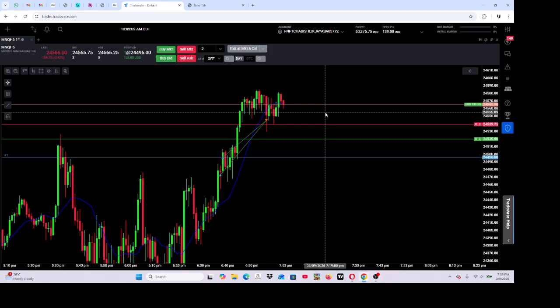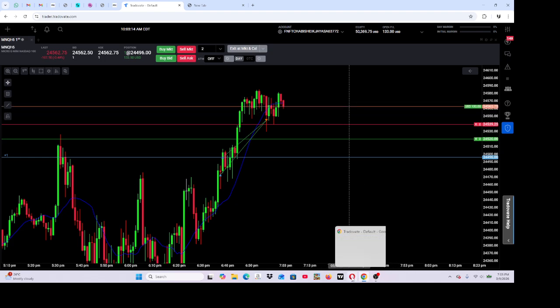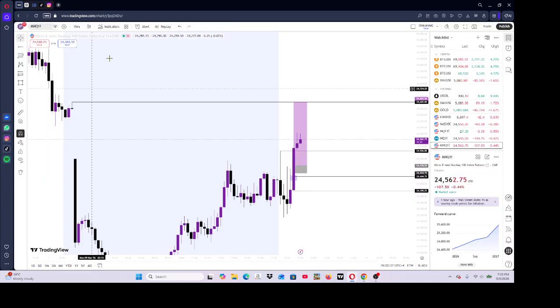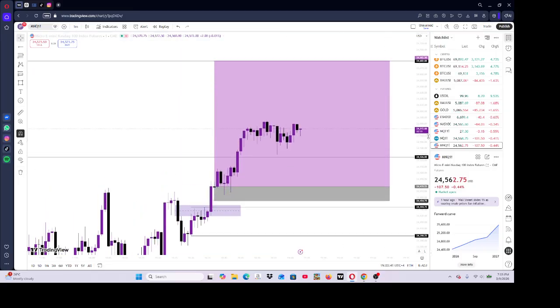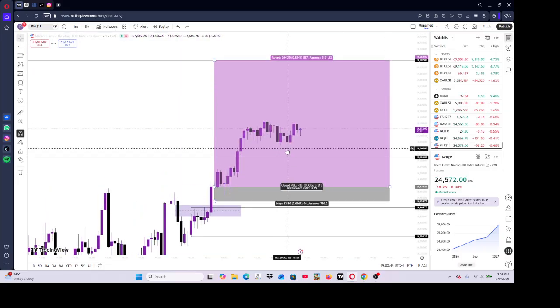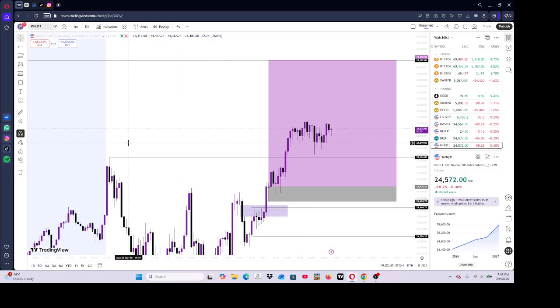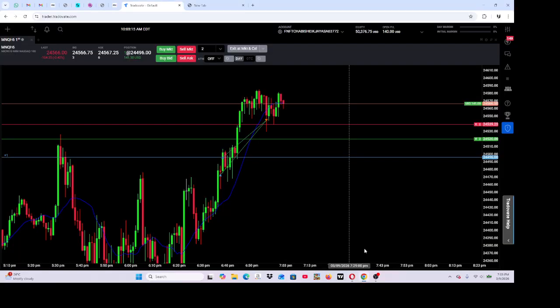It should be a huge push. A huge engulf to the downside. Kind of stop loss underneath these lows. We can rip those highs. Okay, making some progression here.